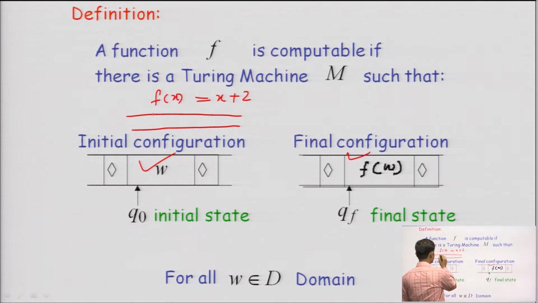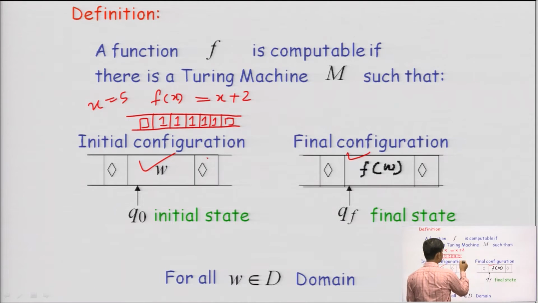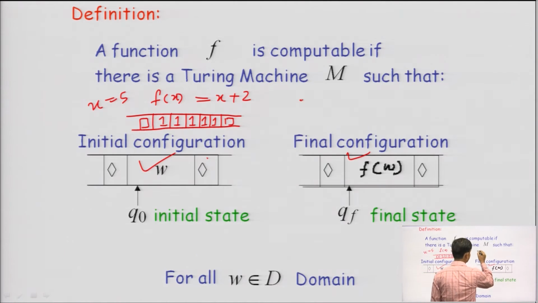Suppose x is 5, then you have to take 1, 1, 1, 1, 1, and on both sides it is blank. You can take this as B, the blank symbol. So, this is the initial configuration. What would be the final configuration?